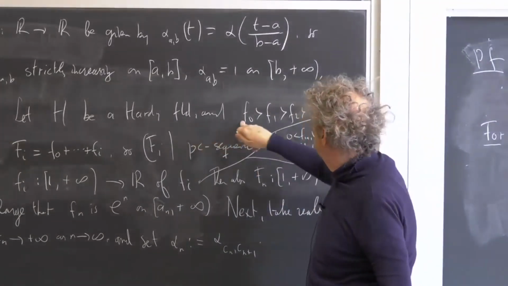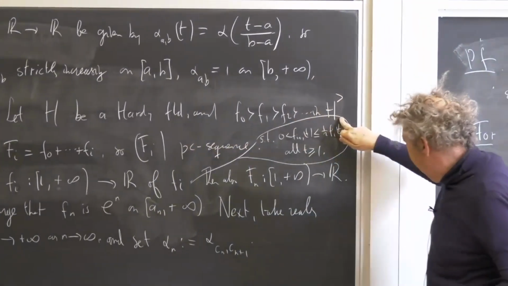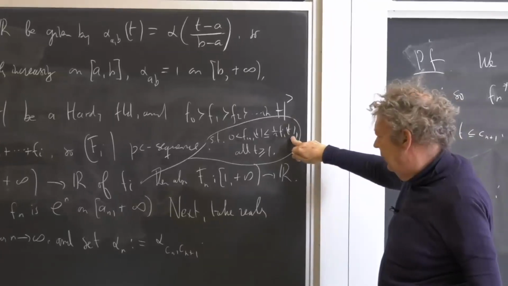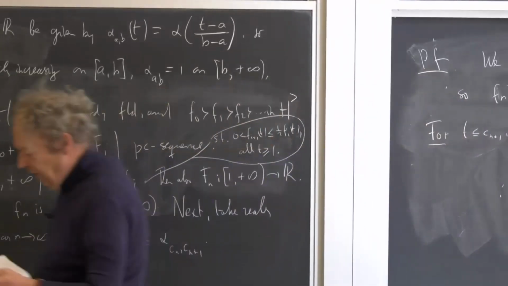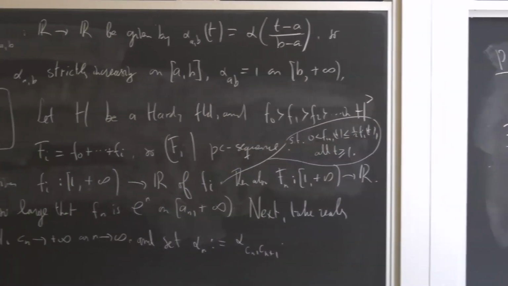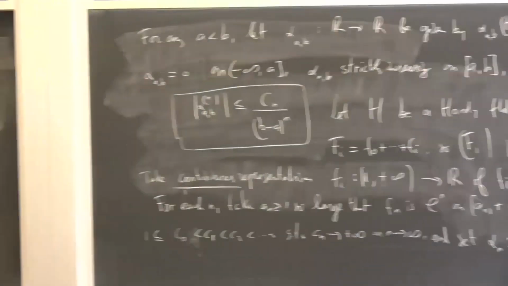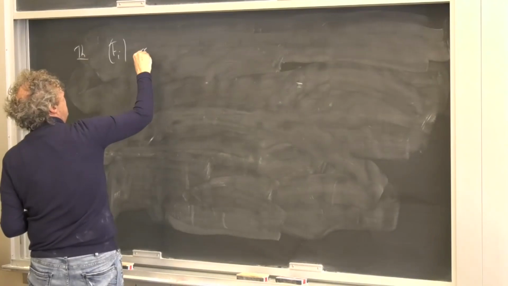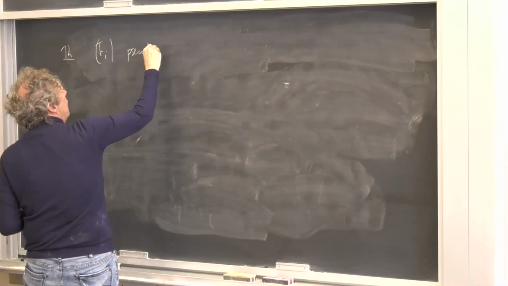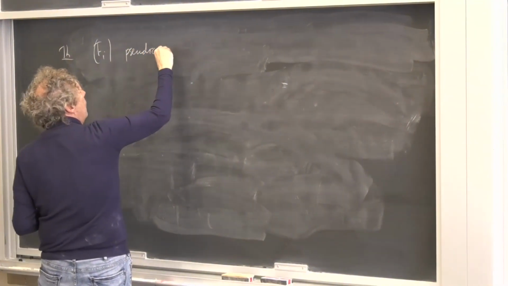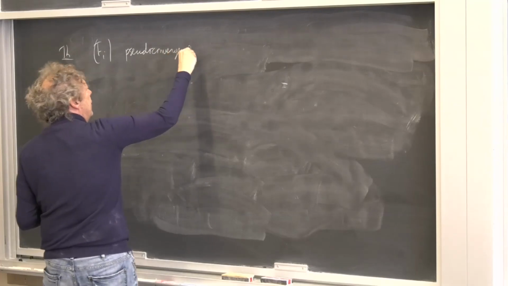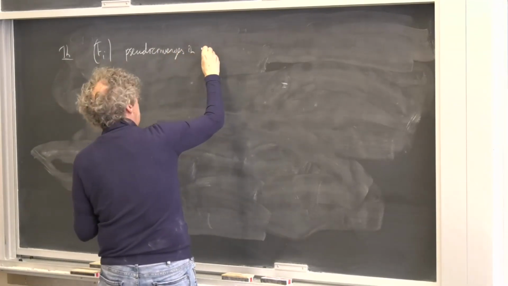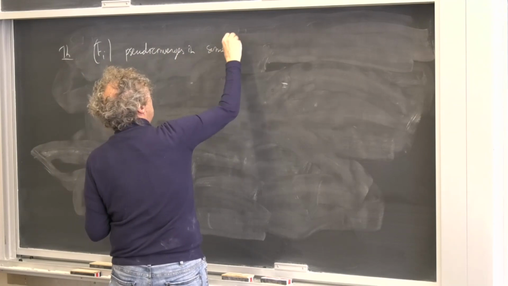H is a Hardy field, you have these germs, and you want to show f_i pseudo-converges in some Hardy field extension.